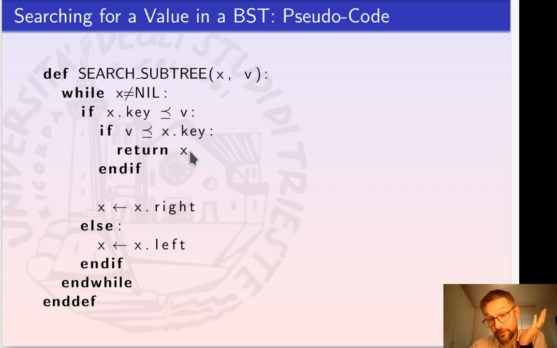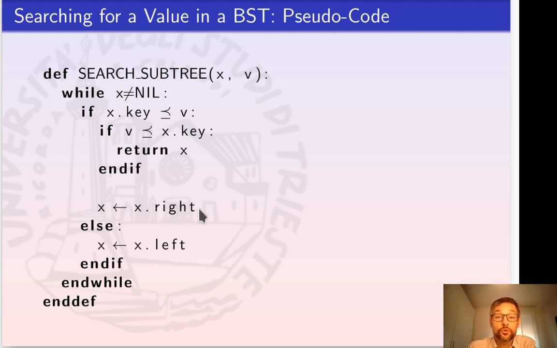Otherwise, since the value is greater than the key of the node we are dealing with, we need to go through the right subtree of the node, and so we need to deal with the right child of the node passed to the function.